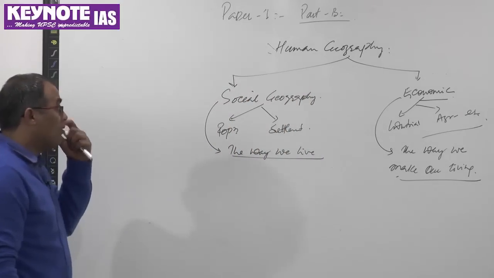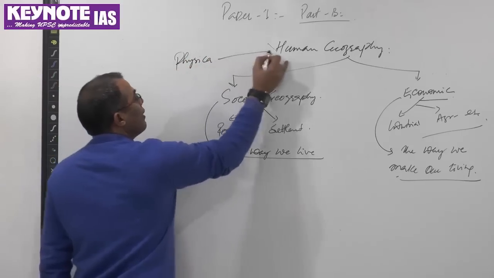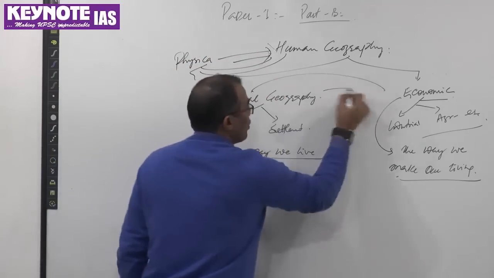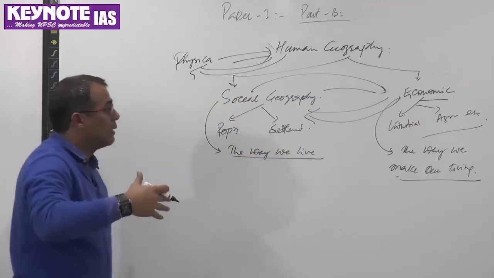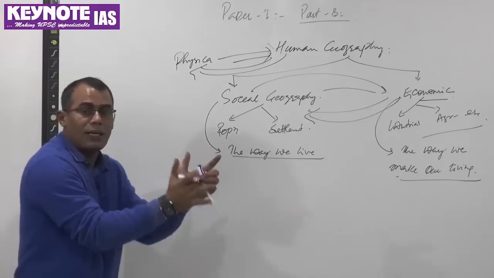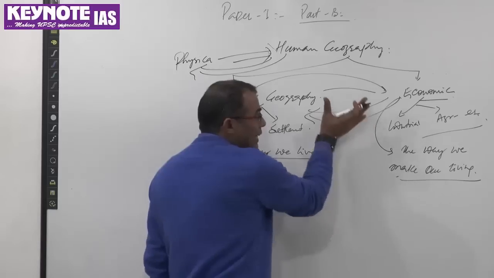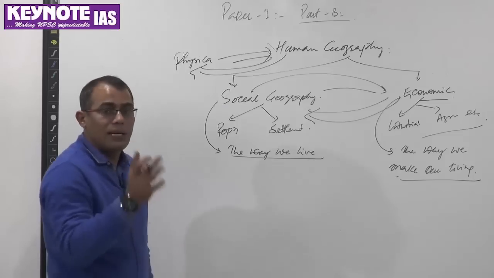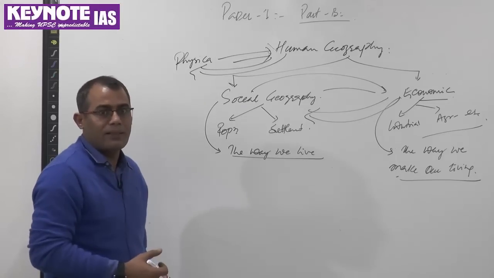Now, our effort should always be to bring physical into human, human into physical, social into economic, and economic into social. That's the difference between academic writing and would-be IAS officer writing. You should always try to integrate things to present the reality of a picture or of an area, so that your administrative capability is reflected through your writing.